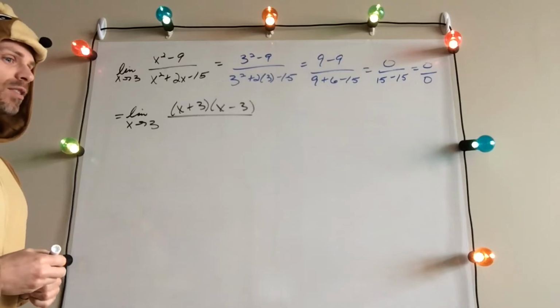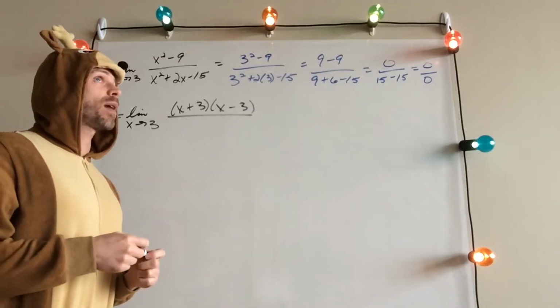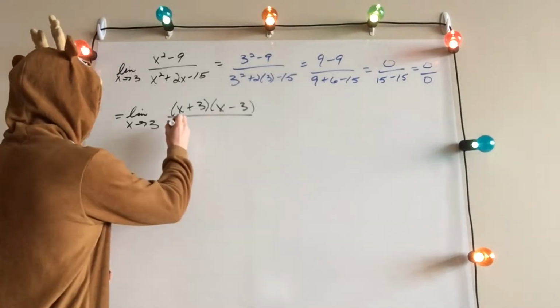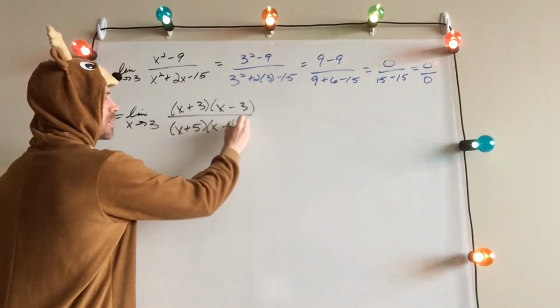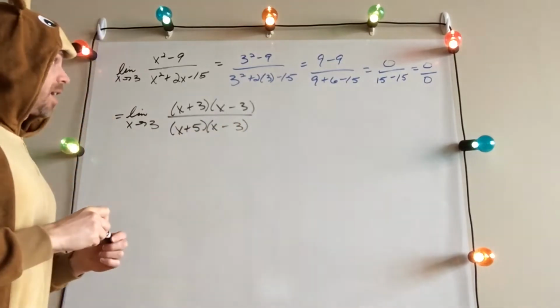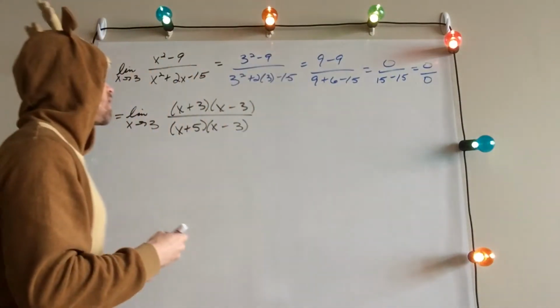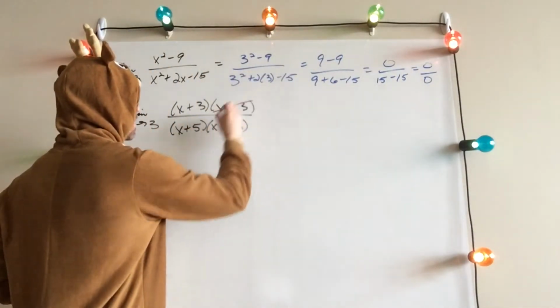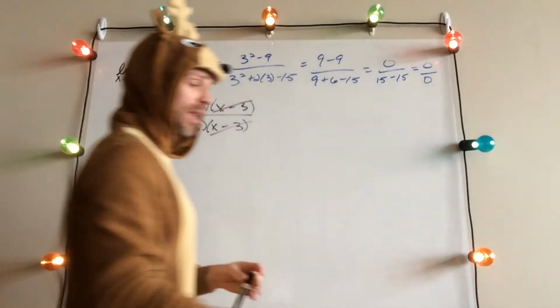So we're looking for factors of c that add to b, factors of negative 15 that add to positive 2. That's going to be plus 5 and minus 3. And then we do have that common factor right there.